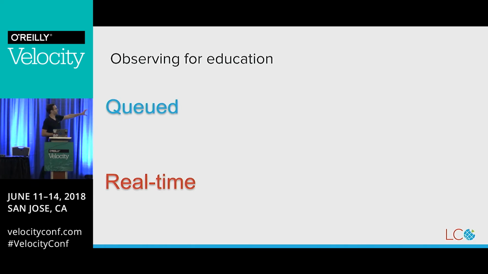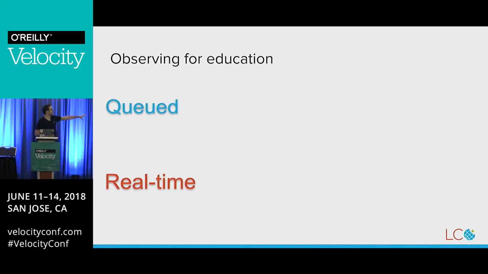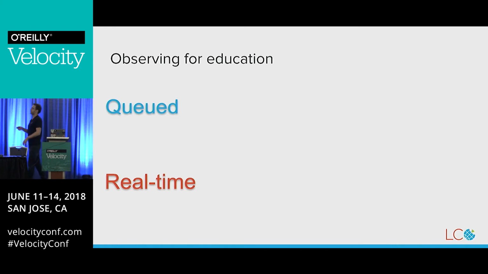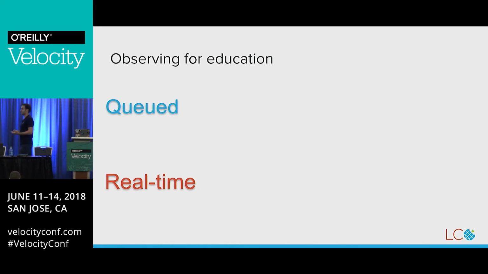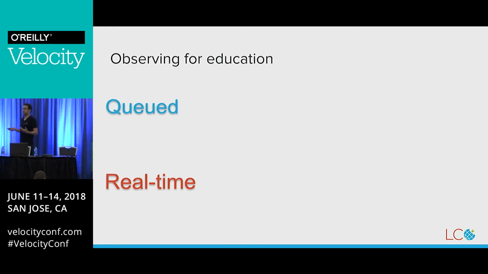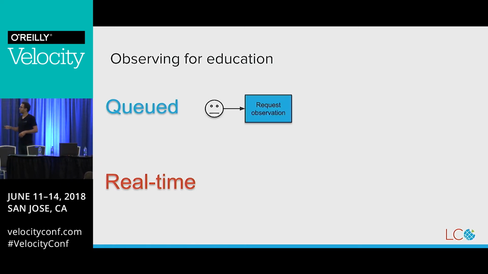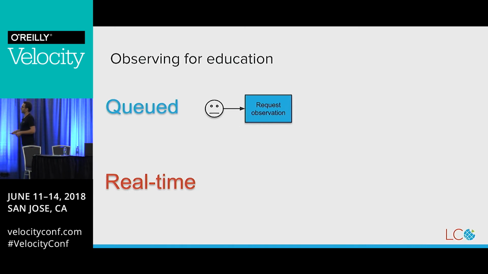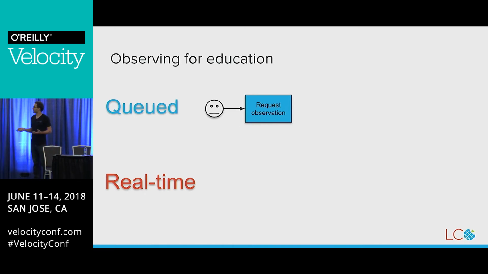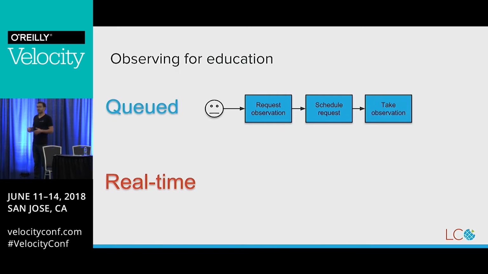Comparing the two different observation methods, we have queued observing and then we have real-time observing. So as I said, the queued observing is great for professional grade astronomy and the real-time is great for educational purposes. And that's because the workflow of a queued observation goes that an astronomer will submit a request for an observation. That request will be scheduled, and then the observation at some point will finally be taken.